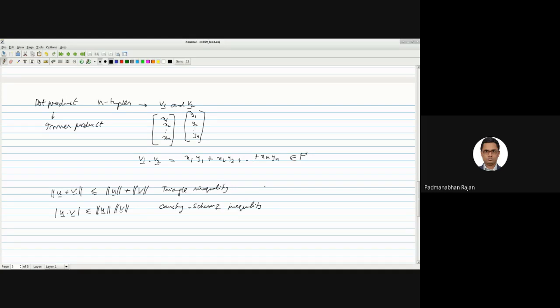You can think of it loosely in that way. And the Cauchy-Schwarz inequality and the triangle inequality are useful results which will help us in proving some results. These are standard results for all vector spaces.